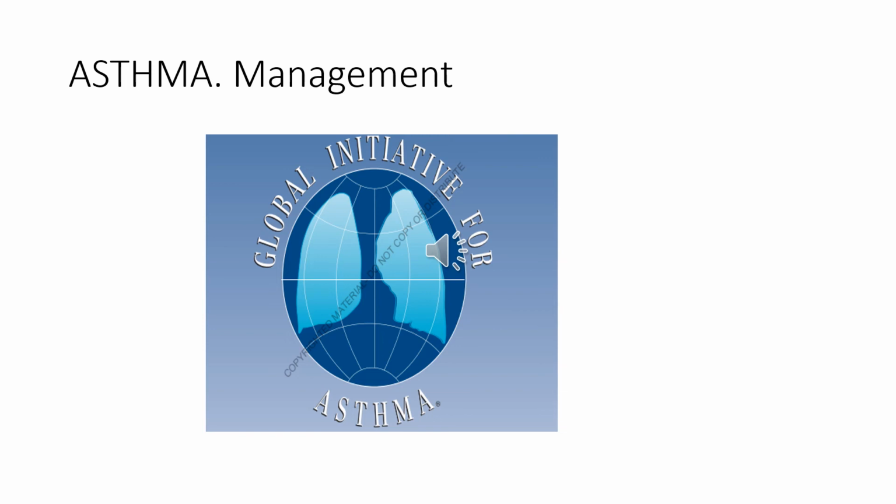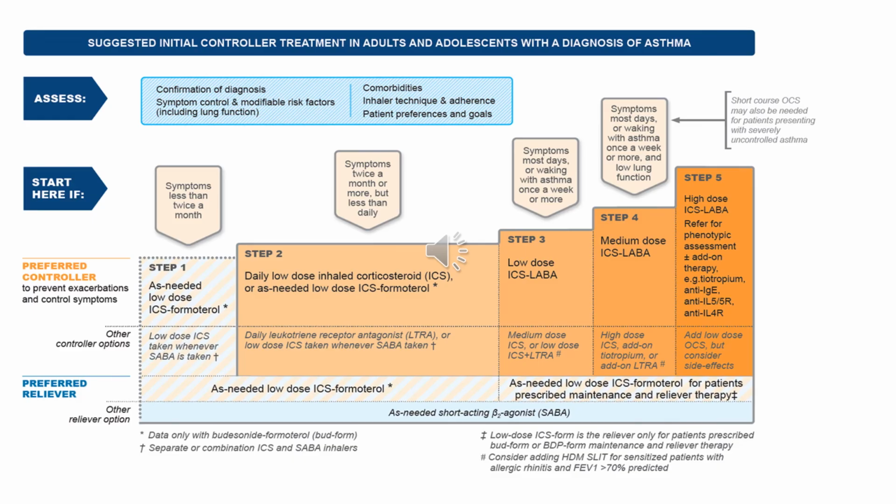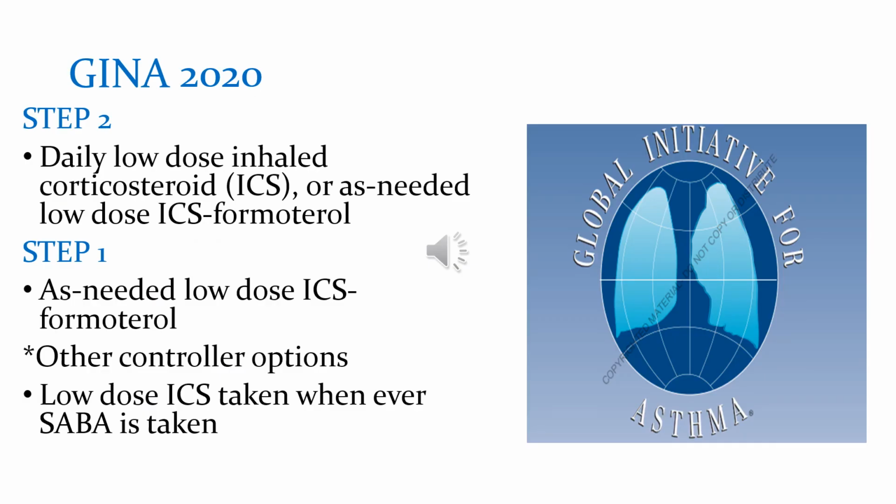Let's talk about asthma management. There are 5 steps to asthma treatment. At the first step, we use, as needed, low dose inhaled corticosteroids with formoterol. Other control options: low dose ICS taken whenever SABA is taken.